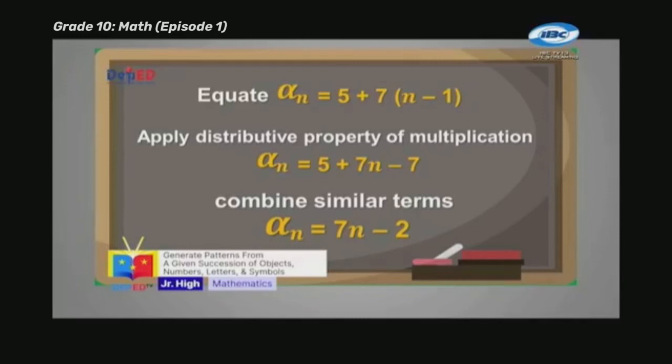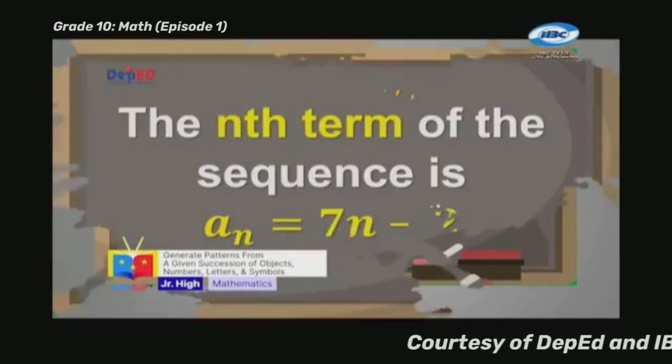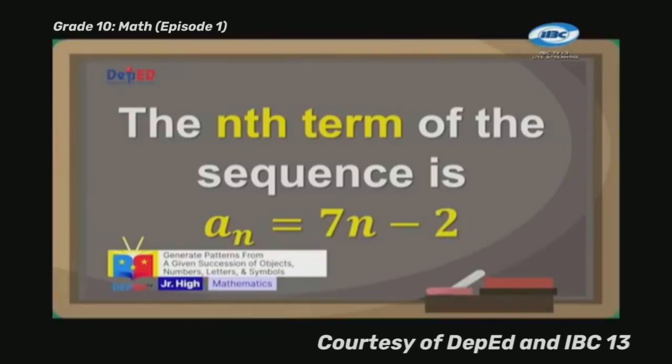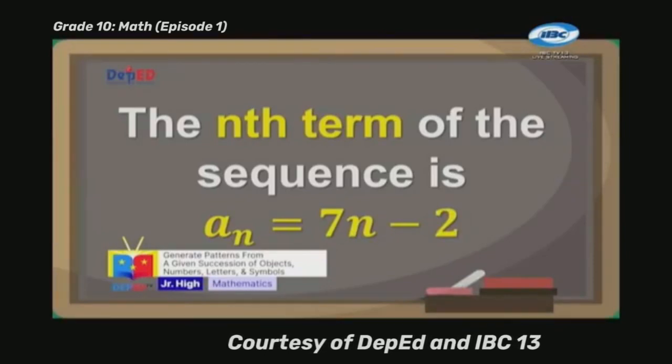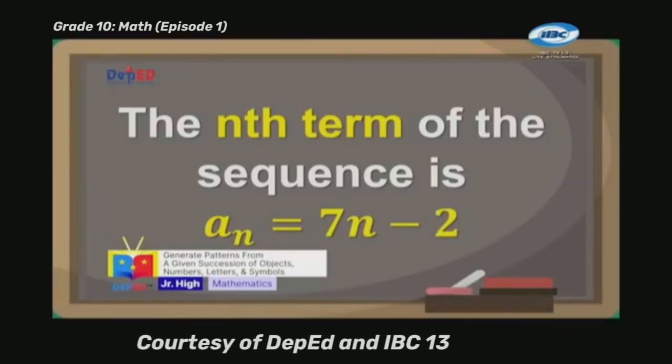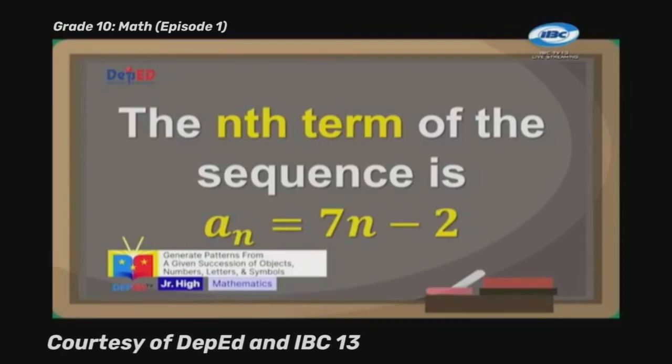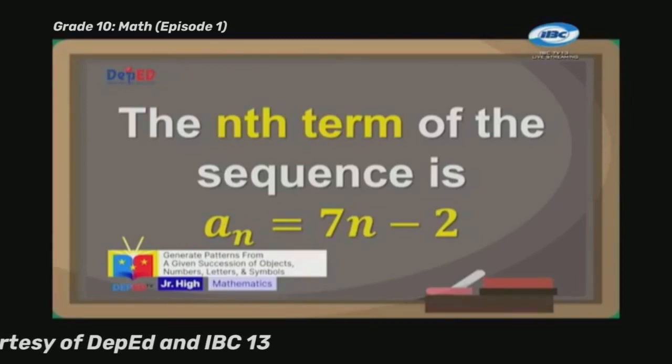Finally, combine similar terms. That's a sub n is equal to 7n minus 2. Therefore, the nth term of the sequence is a sub n is equal to 7n minus 2, where n is equal to 1, 2, 3, 4, 5, and so on.